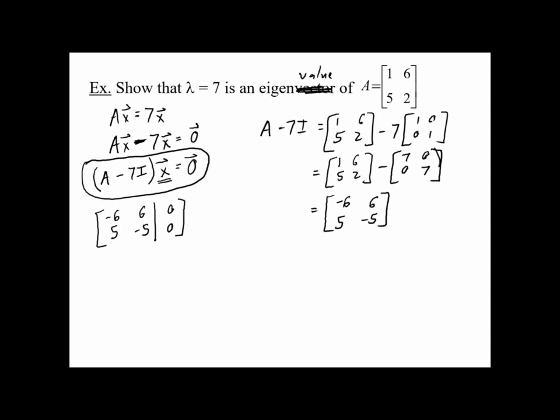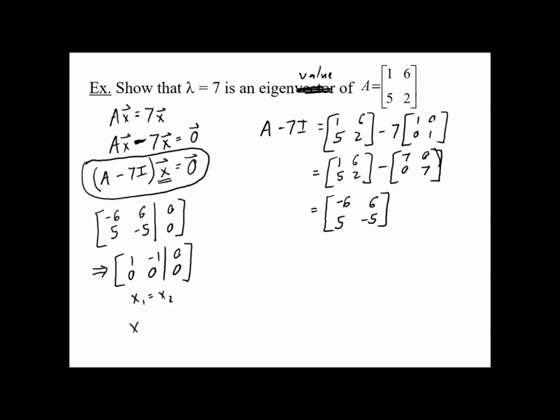And certainly if I divide the top by negative 6, and the bottom multiply and subtract. Anyway, both rows are multiples of each other, so this would be 0, 0, 0. The thing to observe is that x1 is equal to x2.